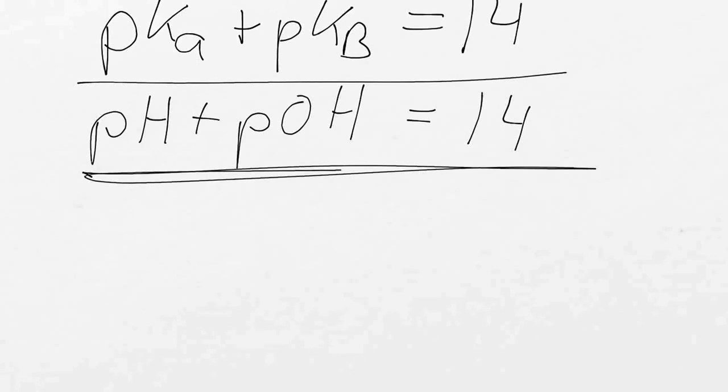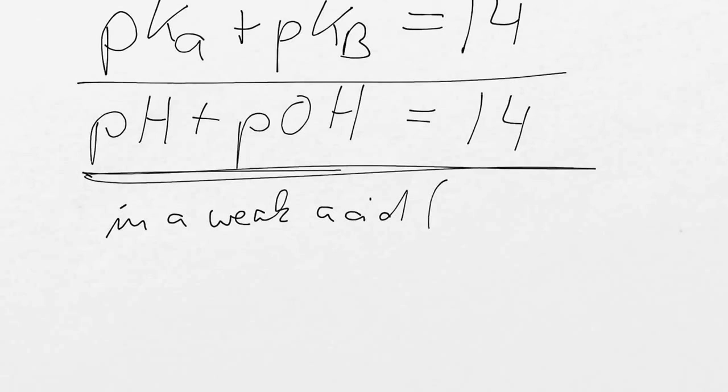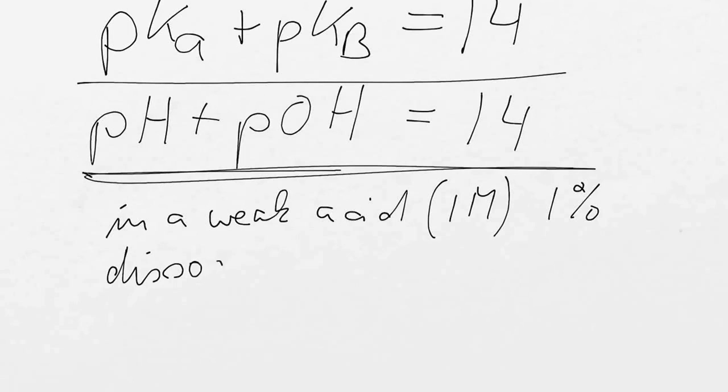And if I tell you that, for example, in a weak acid, and you have a 1 molar solution, only 1% of the acid dissociates, you can figure out what our proton concentration is.